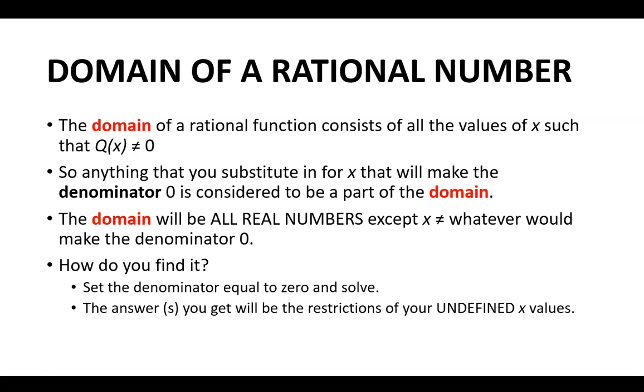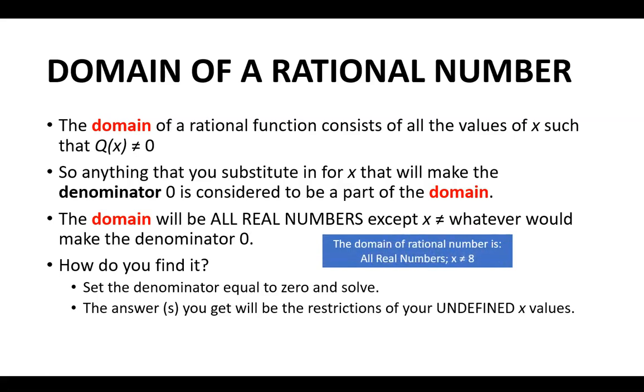So we write it out by saying my domain can be all of these things except x cannot be equal to something. So anything that you substitute in for x that's going to make that denominator 0 has to be excluded from that domain. So here's an example. Here's a domain. All real numbers except x cannot equal blank. And remember that blank is whatever is going to make that denominator 0.